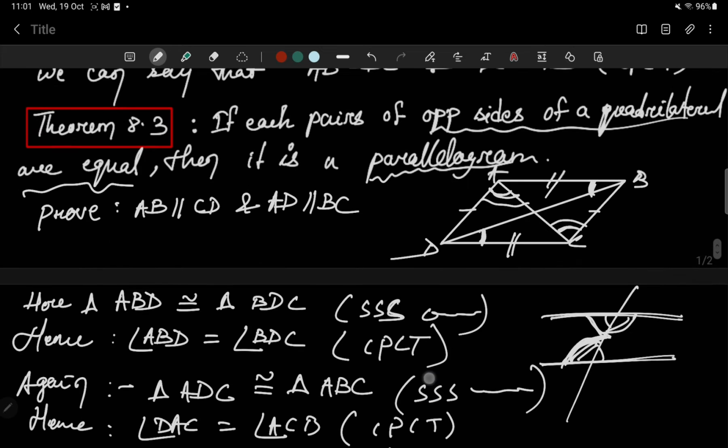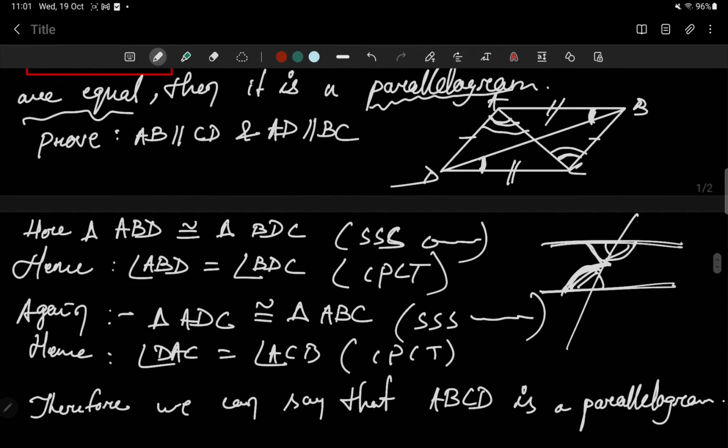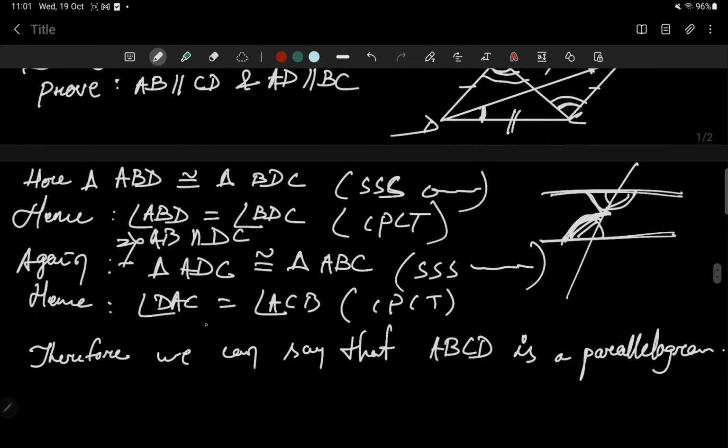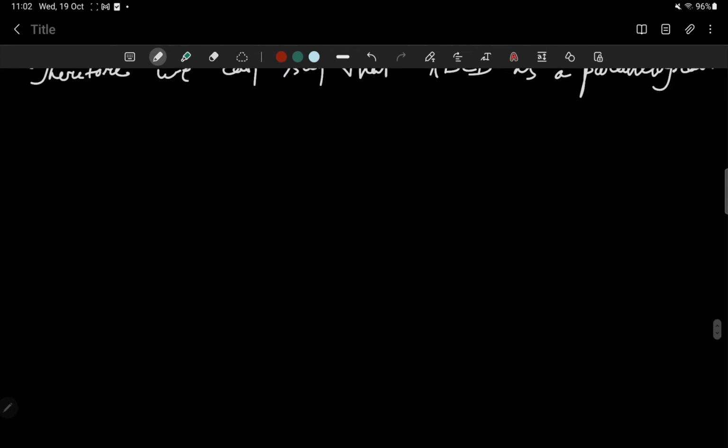Here something I missed: equal alternate angles imply that AB is parallel to DC. Here also we can say that AD is parallel to BC. So we can say that it is a parallelogram. Understood?